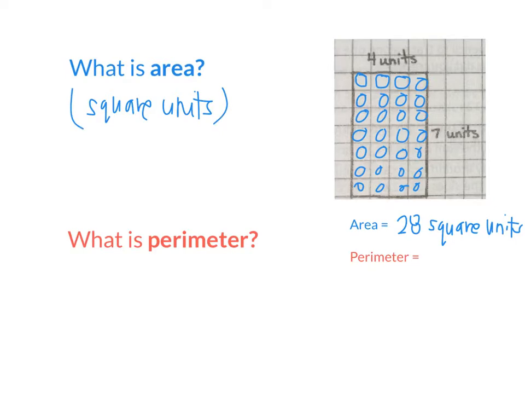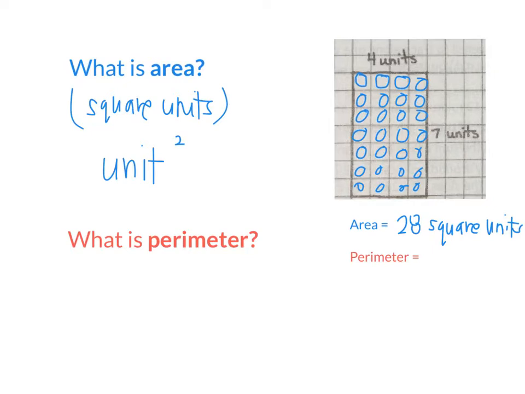In class, we always express area in square units because it takes actual squares to cover up the area that we're trying to find. There are 2 ways to write square units. You can literally write the word square and then feet, or square inches, or square miles. Or you can write the unit, so inches, centimeters, and you can put a little tiny exponent at the top. That also means square inches.